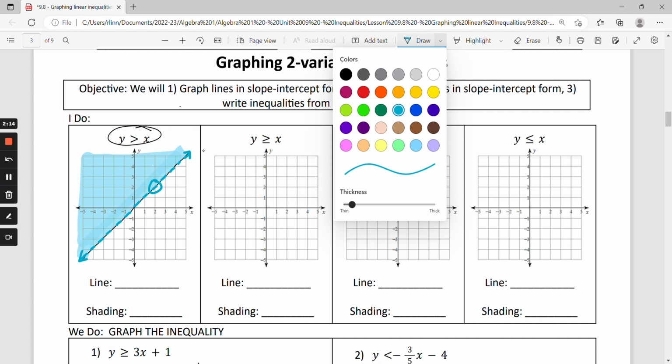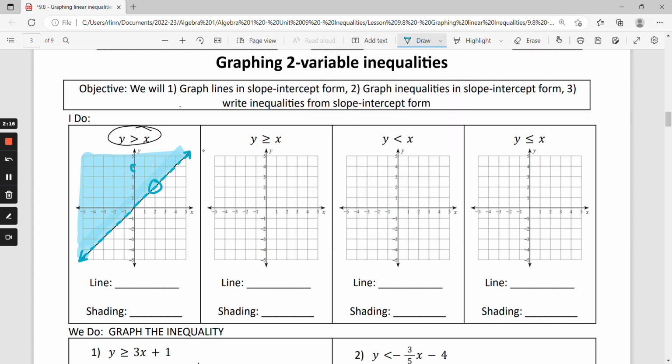We can say, all right, what about the point 0, 4? Is 4 greater than 0? Yeah, that's true. Okay, so we know that the things above that line are all part of that solution. What about 4, 0? Well, our y value is 0.